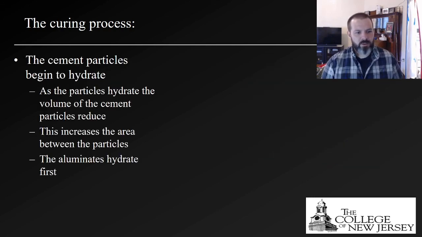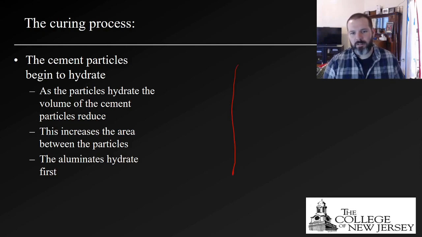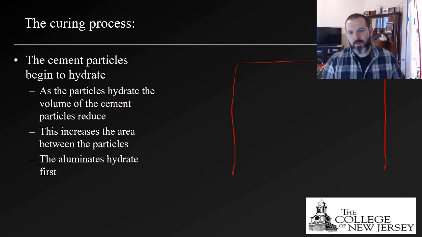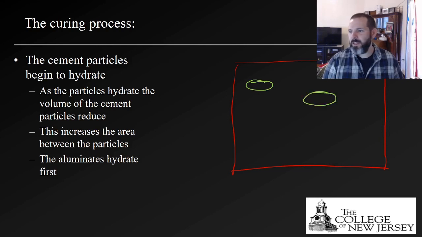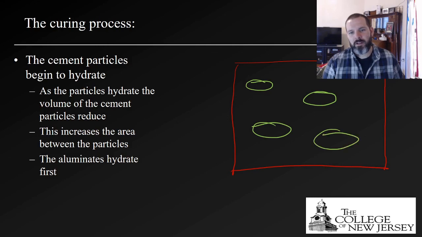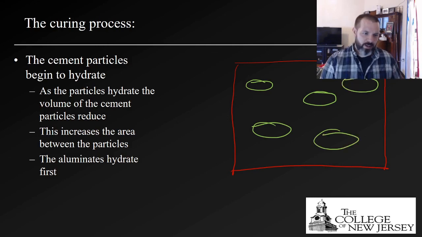This process will continue, and as it continues, space will start to form between the cement particles. So instead of having one big blob of Portland cement, we have smaller globs of Portland cement surrounded by water.